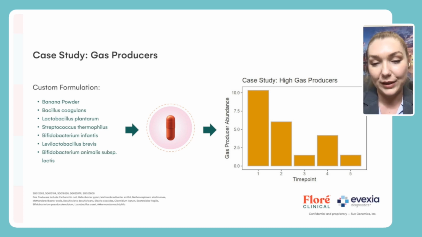By the time we got to time point 5, which is about a year and a half into treatment, the gas producers had reduced to less than 2. This was very exciting to see how a probiotic can interact with the gut microbiome and actually cause this shift and bring down the level of gas producers for this patient.